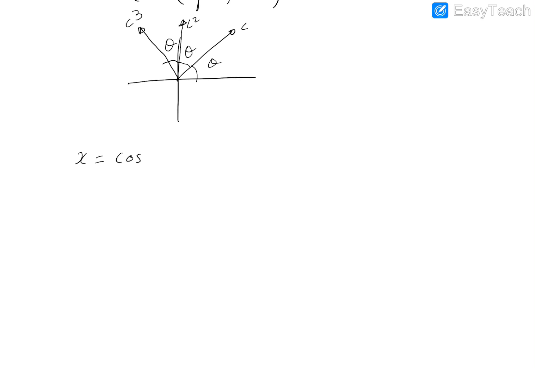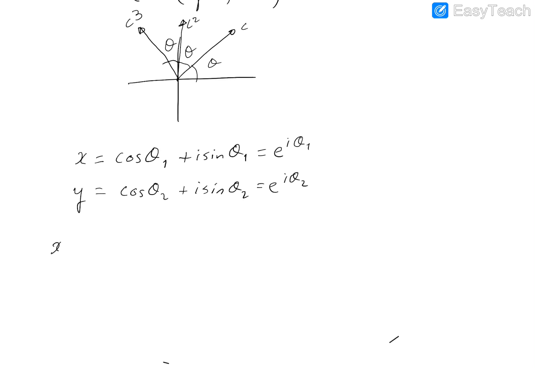So x is cosine theta 1 plus i sine theta 1. And in the exponential form, this is written as e to the power i theta 1. Suppose we have another complex number y equals cosine theta 2 plus i sine theta 2.